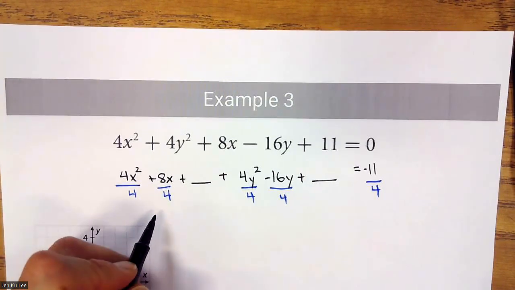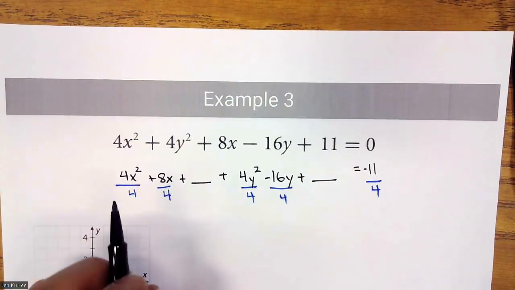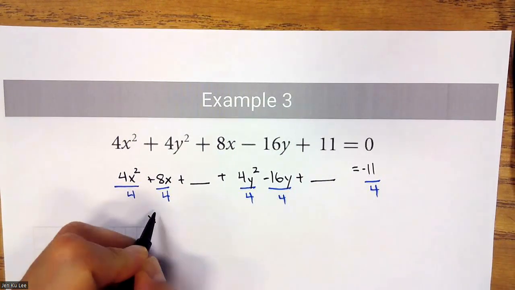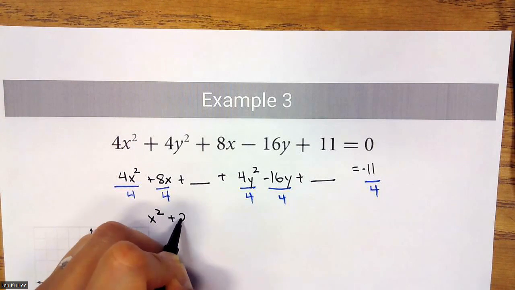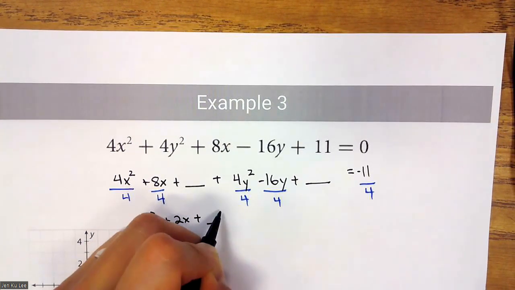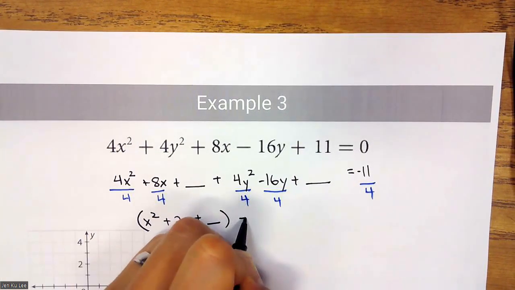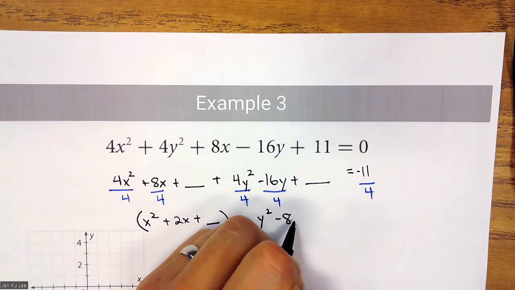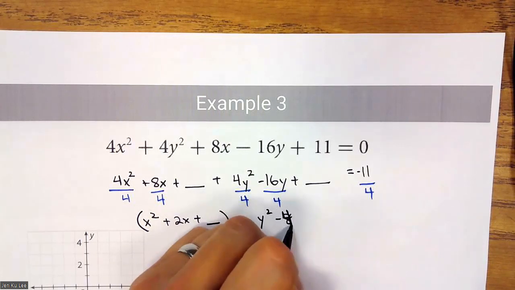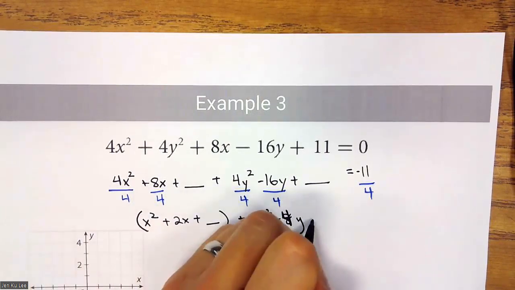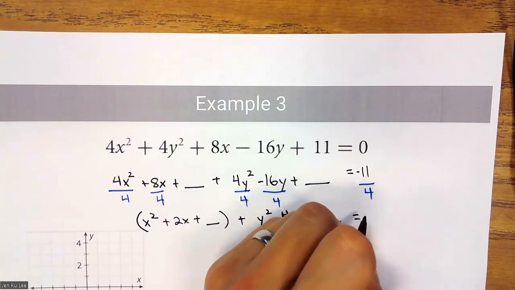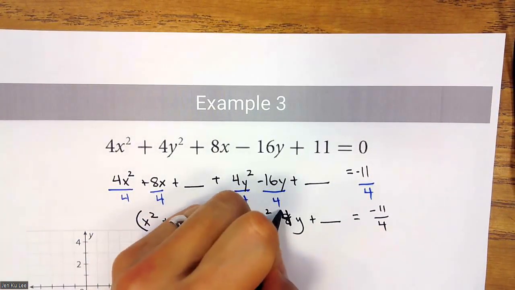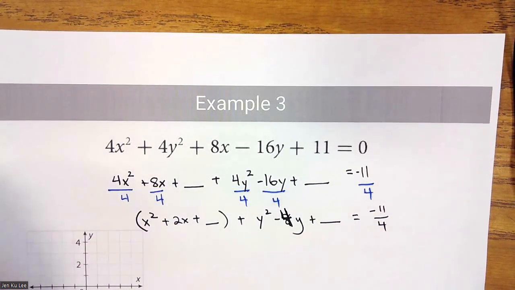So if I divide by 4 for every single term in the equation, I have x squared plus 2x plus blank, plus y squared minus 8, or minus 4, I apologize, y plus blank, equals negative 11 over 4. Okay, that's a 4.